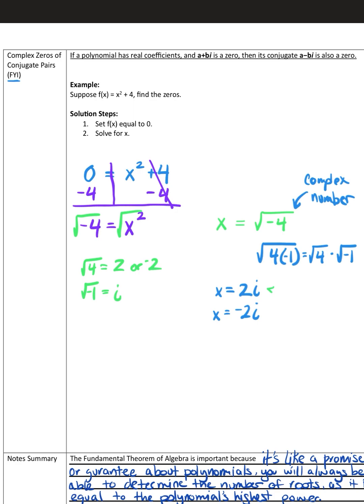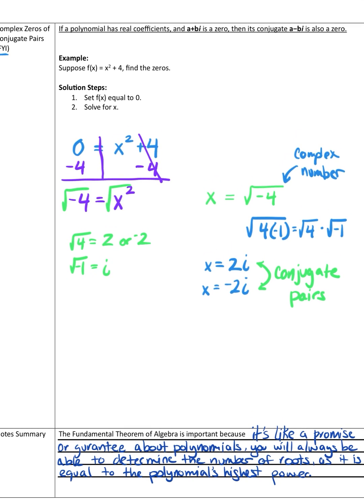And so these two solutions are called conjugate pairs. If you feel like I'm not 100% on that, feel free to pause me and go back and review the complex zeros of conjugate pairs again. Remember, this is just more of an FYI, so that if we ever talk about conjugate pairs, you'll have an idea of what we're talking about.